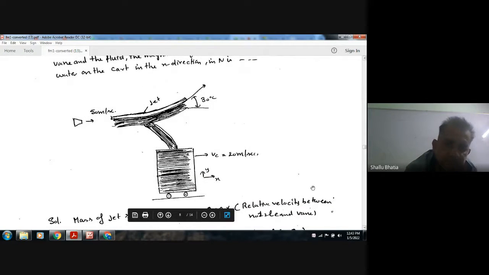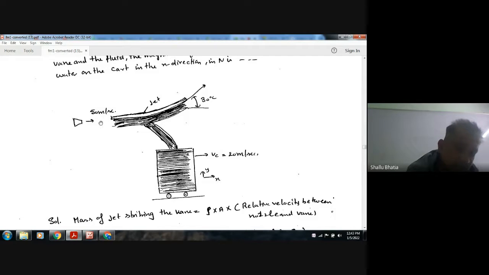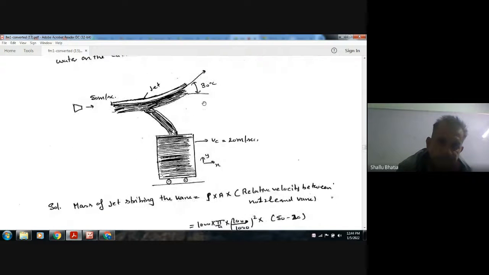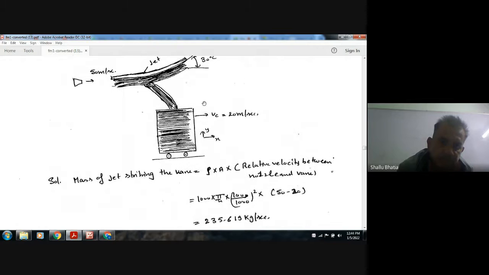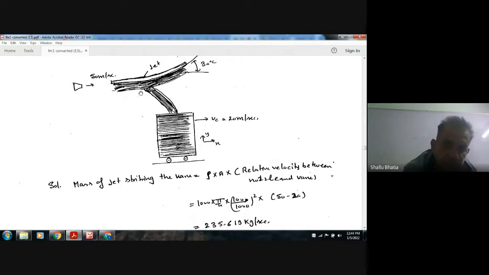So this is the cart, and its velocity is v c equal to 20 meters per second, and the jet is moving with 50 meters per second. It strikes the vane and gets deflected by 30 degrees. The mass of jet striking the vane: as the vane is moving with 20 meters per second and the jet velocity is 50 meters per second, the relative velocity with which the jet strikes the vane is 50 minus 20.